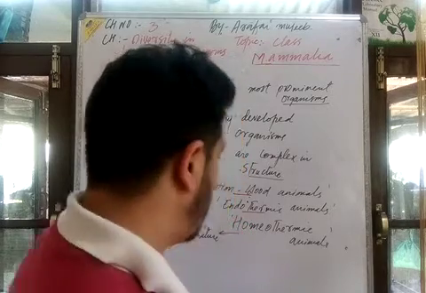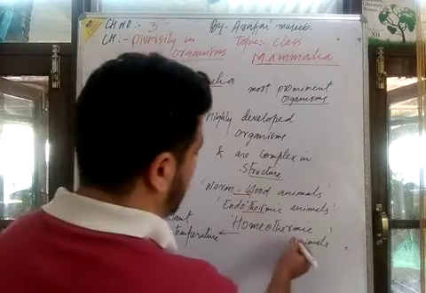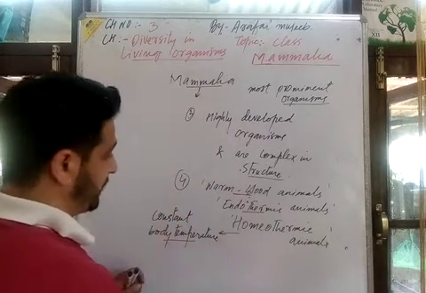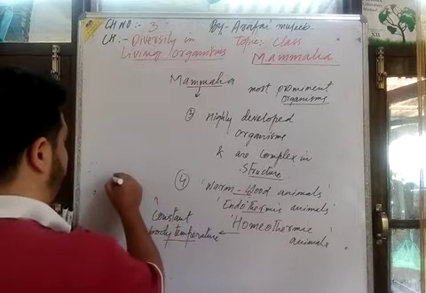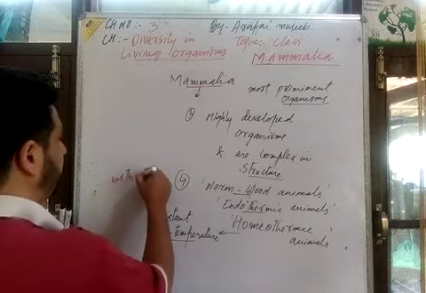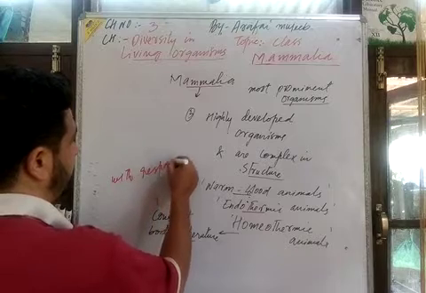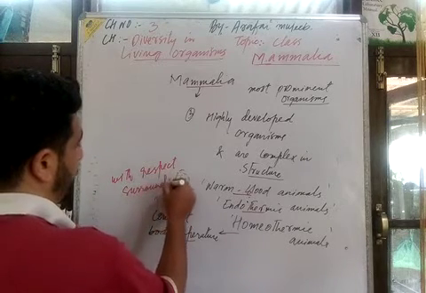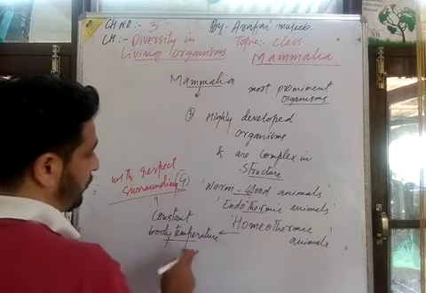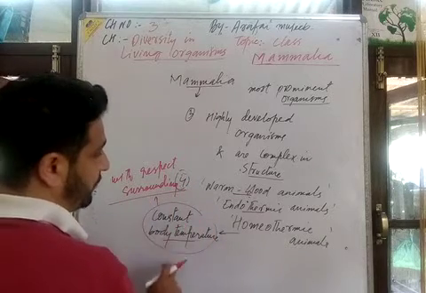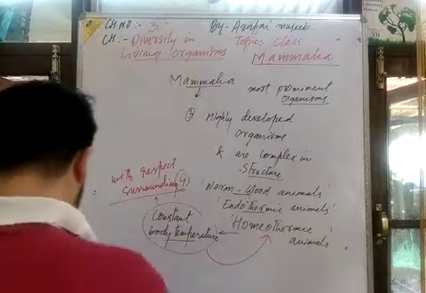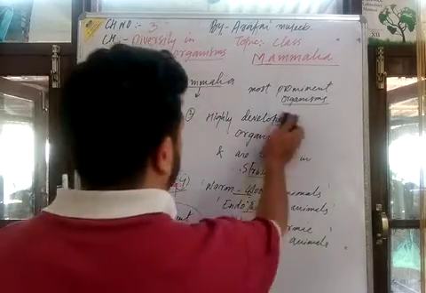That means we are homeothermic animals. We still keep the constant body temperature with respect to the surrounding. Therefore by this feature, since we maintain a constant body temperature, we are homeothermic animals.